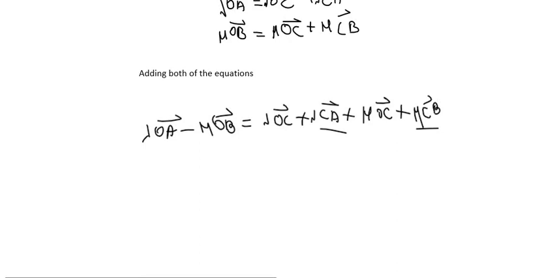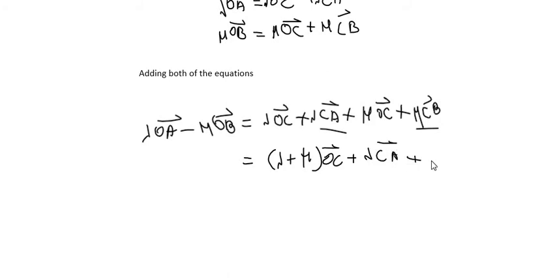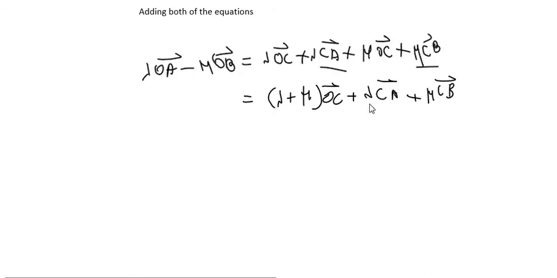From here, you can take OC common from lambda plus mu. If you take OC common out of these, you will have this thing, and separately you will have lambda CA plus mu CB. One thing I would like to tell you is that this CA and this CB are actually opposite in direction.